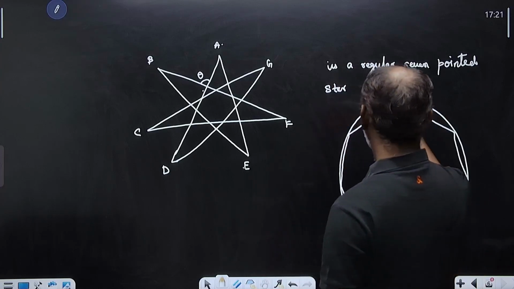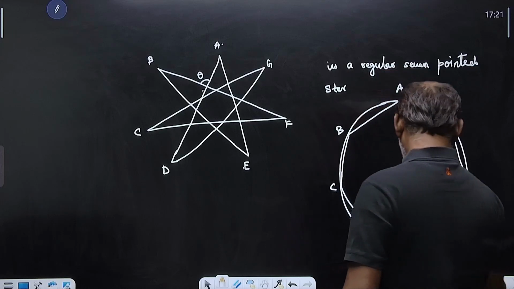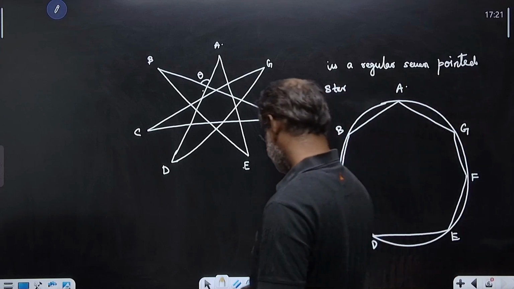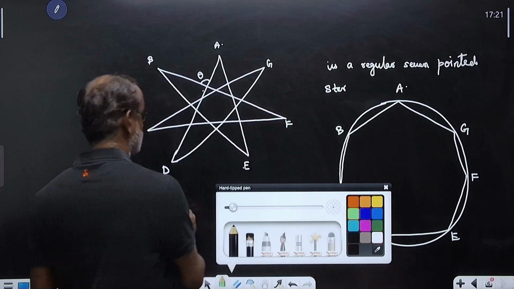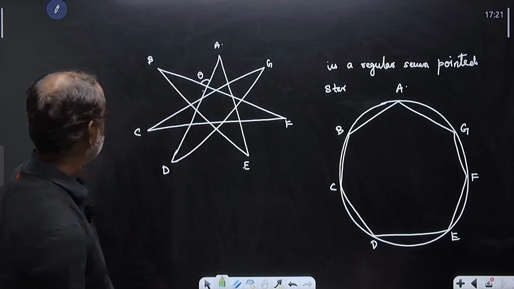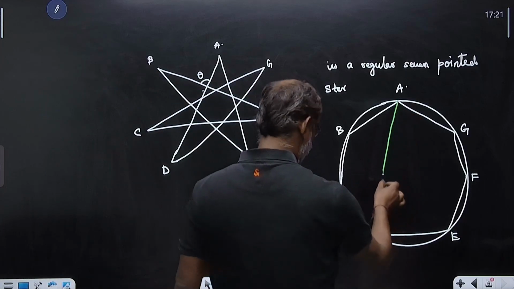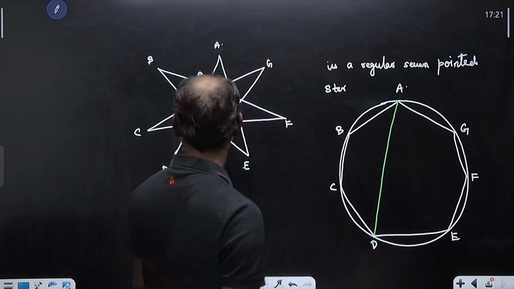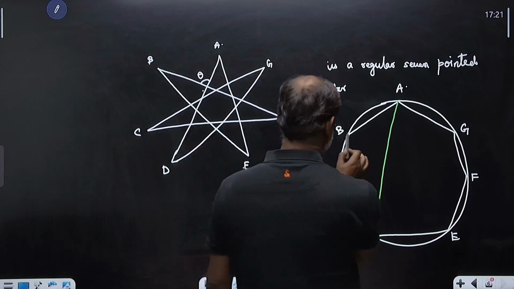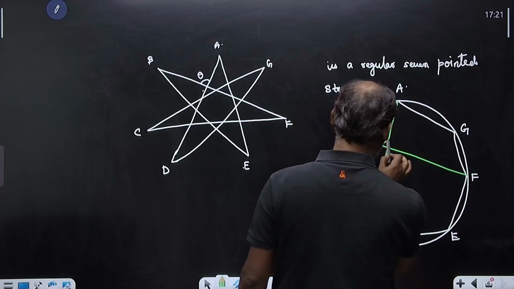Let us give the nomenclature A, B, C, D, E, F, G. So draw AD, BF. In fact, this is the angle we are looking for, isn't it?